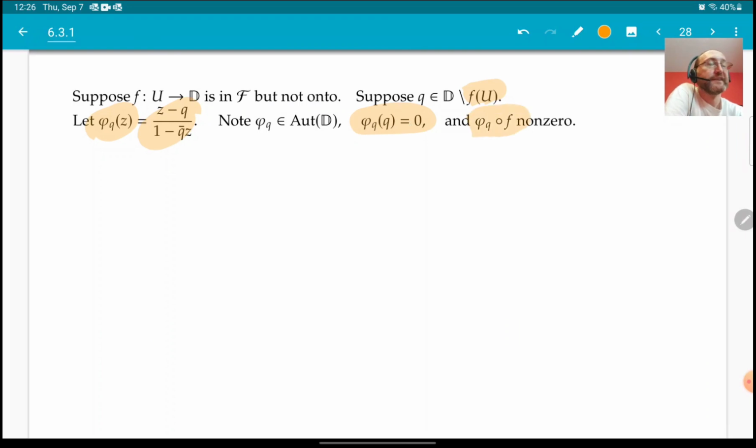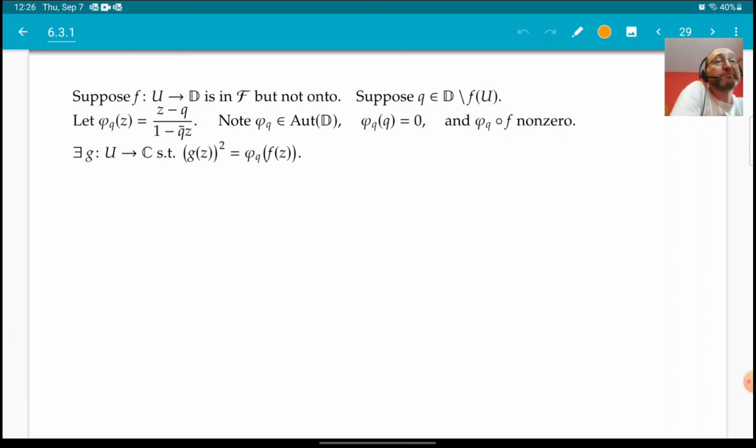Therefore, f composed with phi of q is non-zero. Well, if f composed with phi of q is non-zero, then again, U is simply connected, so there exists a square root.